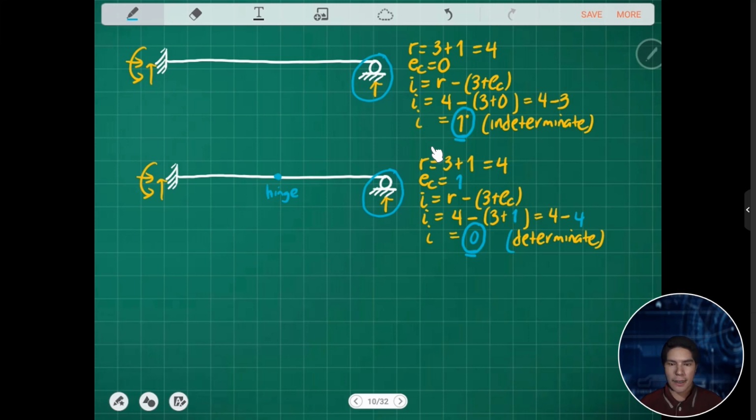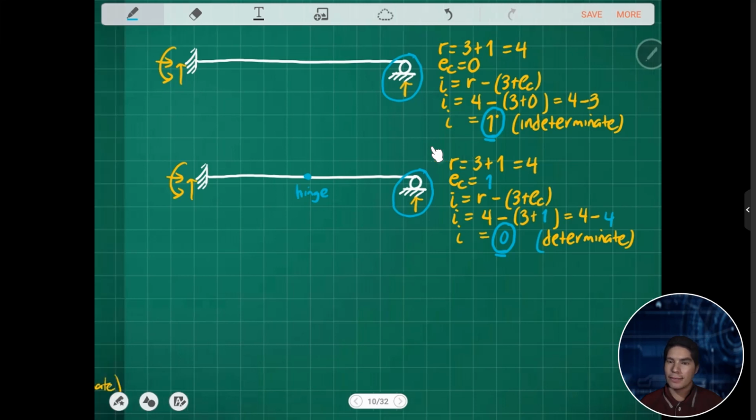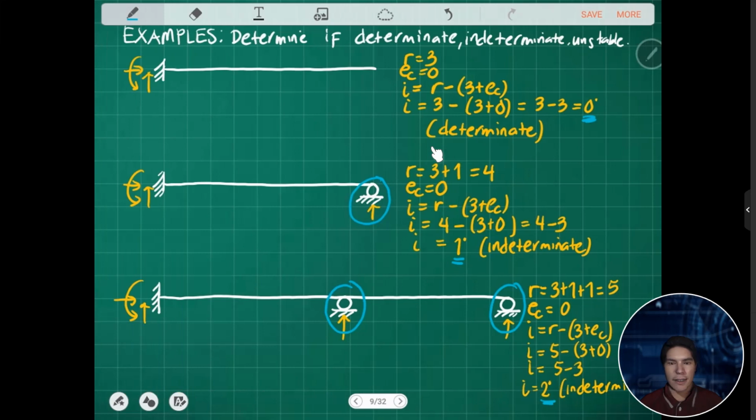So especially for frames, if you want to analyze frames, we add internal hinges. That's another way to look at the value of the degree of indeterminacy.